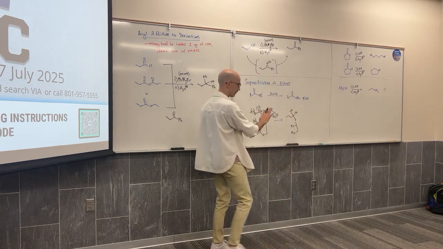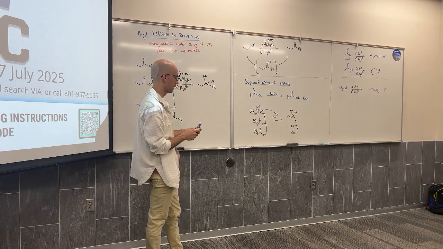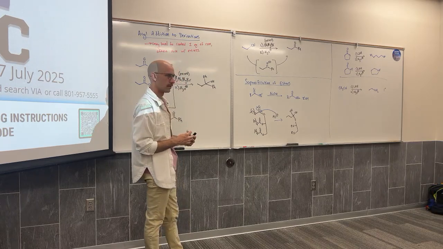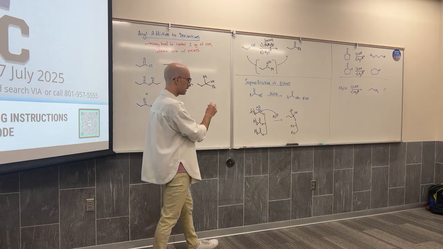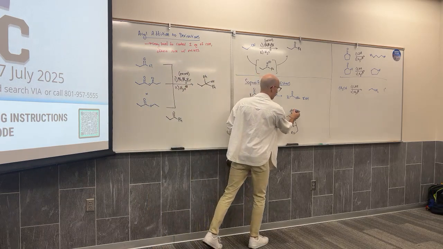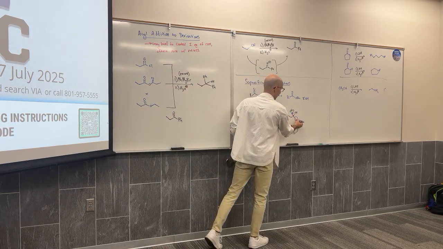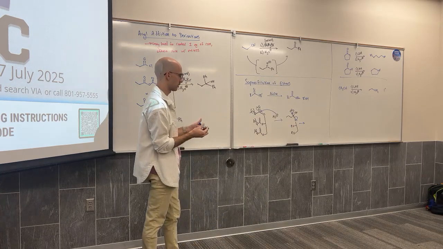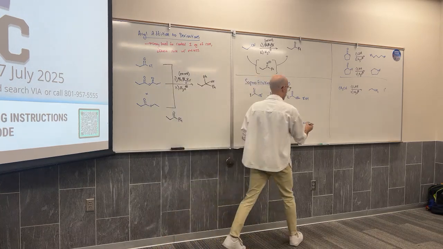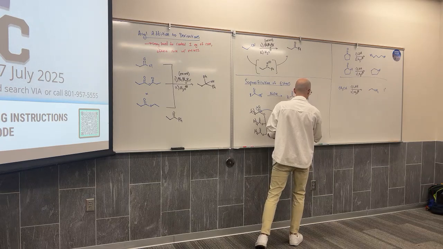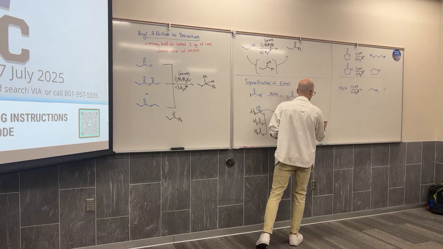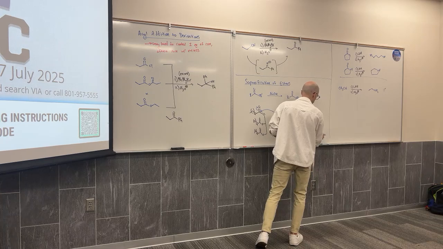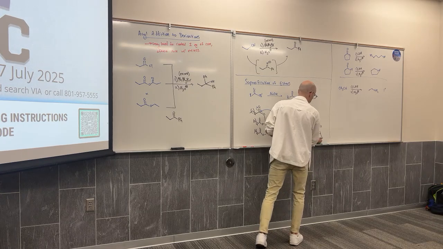I hope you are okay with that. This intermediate reforms a carbonyl and kicks off the ester linkage. And what that creates is a carboxylic acid intermediate and an alkoxide intermediate.